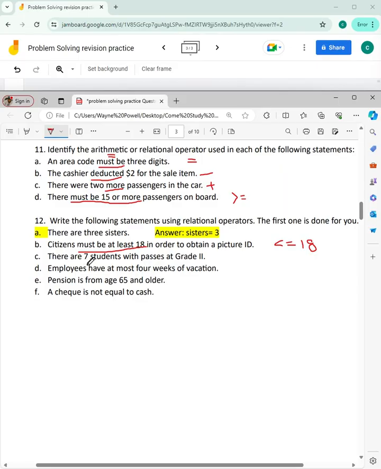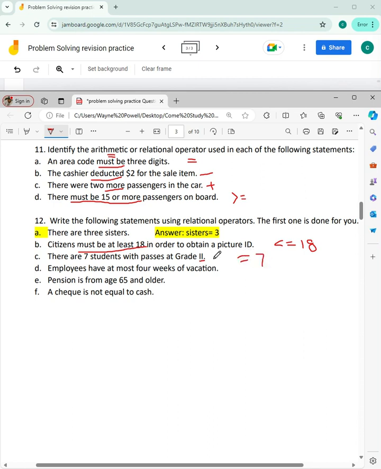There are 7 students with passes at grade 2. So this is going to be equal to 7.